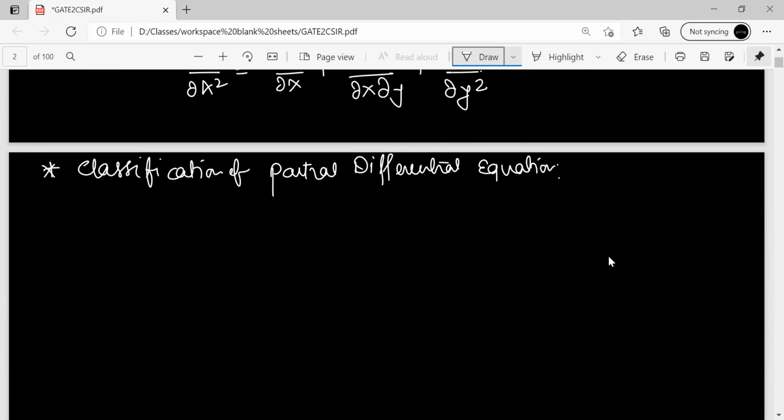Okay. So classification, then the broader category. The broader category is linear and non-linear. The first thing would be this, linear and non-linear. And then again in linear, they are classified into different forms. They are called quasi-linear, semi-linear. Such things we will now see.